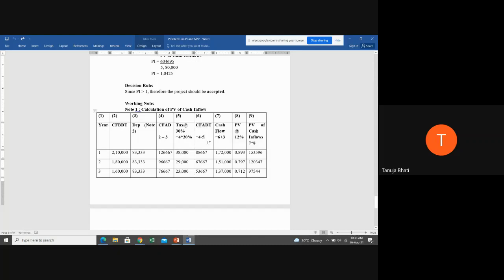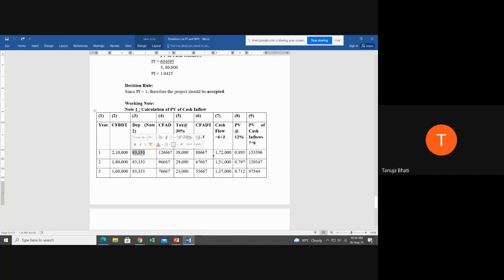Now can anyone tell me why in column number 7 we added back the depreciation? This is cash flow after depreciation and tax, why did we add back this depreciation for the cash flows? To find out the cash flows, why did we add back depreciation?